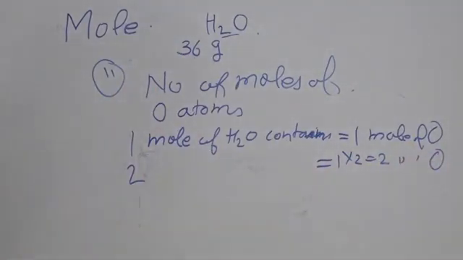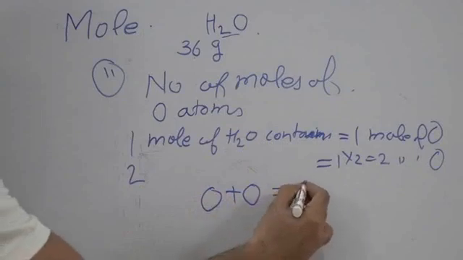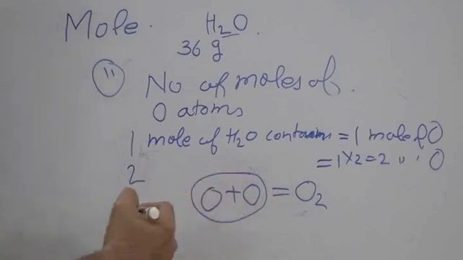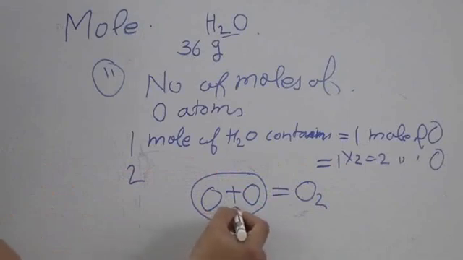And similarly, if we have to find out the number of O2 molecules in 36 gram of water, we can easily find that out in another way also, because O plus O is equal to O2, and this total comes out to be 2 moles. It means 1 mole this, 1 mole this, both combine to give 1 mole.